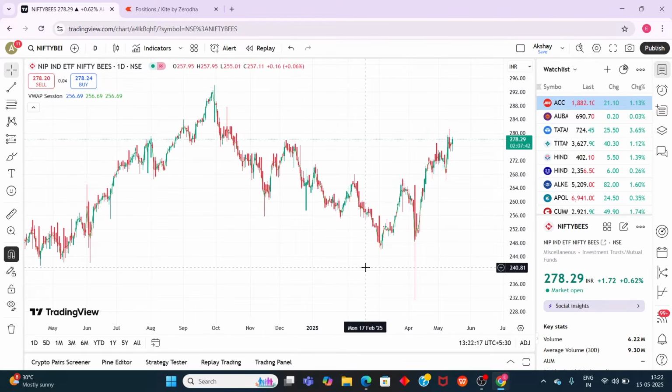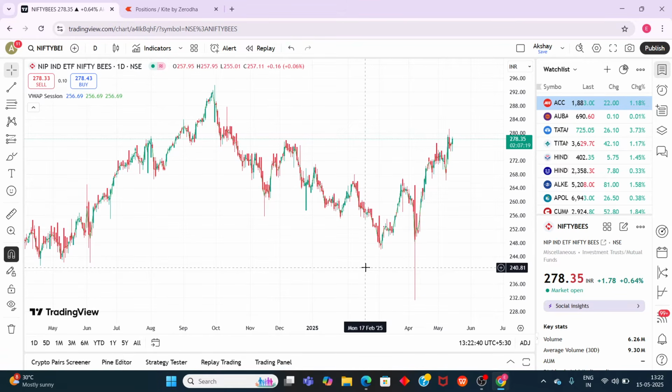For that, you should make a watch list of the top 10 ETFs. The ETFs should not be repeated. For example, if you consider Nifty Bees from Nippon India as the first one, the second one should not be SBI Nifty Bees.